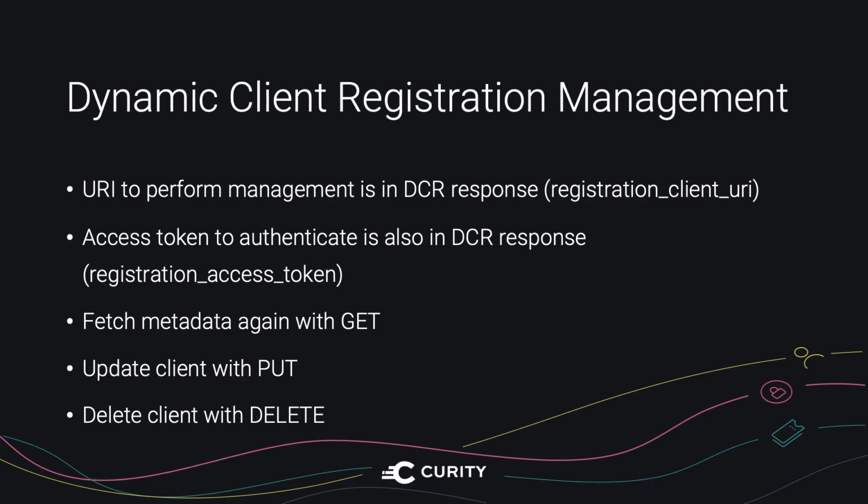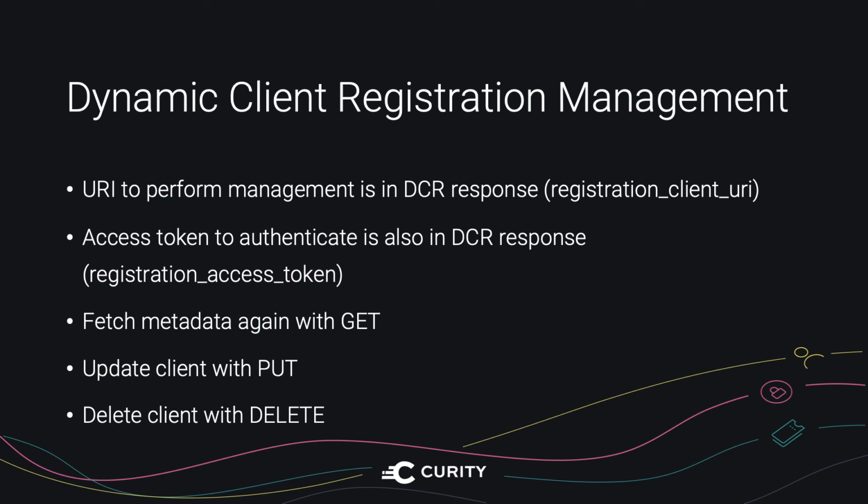In the OAuth standard, there is a way of managing clients after registration. So as we just saw in that OAuth tools example, one of the response values in the JSON is a URI where we can go to manage the registration that we've previously done for a particular client. Another part of the response is the registration access token.